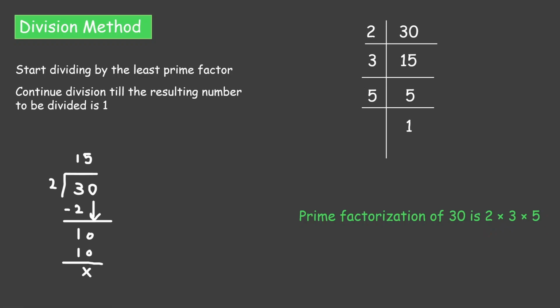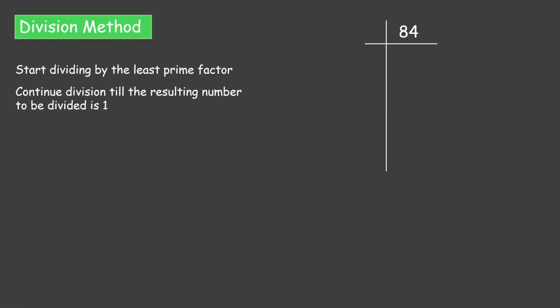Let us try with one more example: 84. 84 is even. So we can simply divide it by 2, which is the least prime factor. 84 divided by 2 would give us 42. Once again, 42 is even. So we'll divide it by 2 and we'll get 21. 21 is not even.